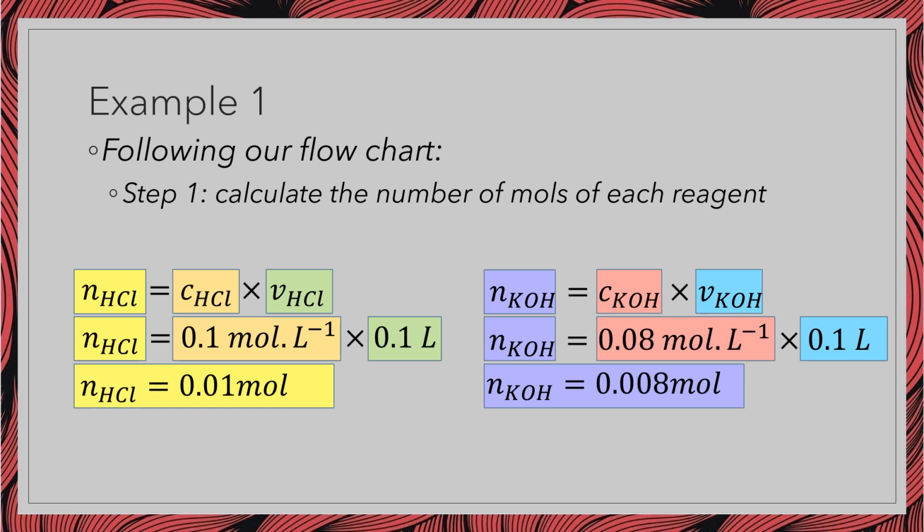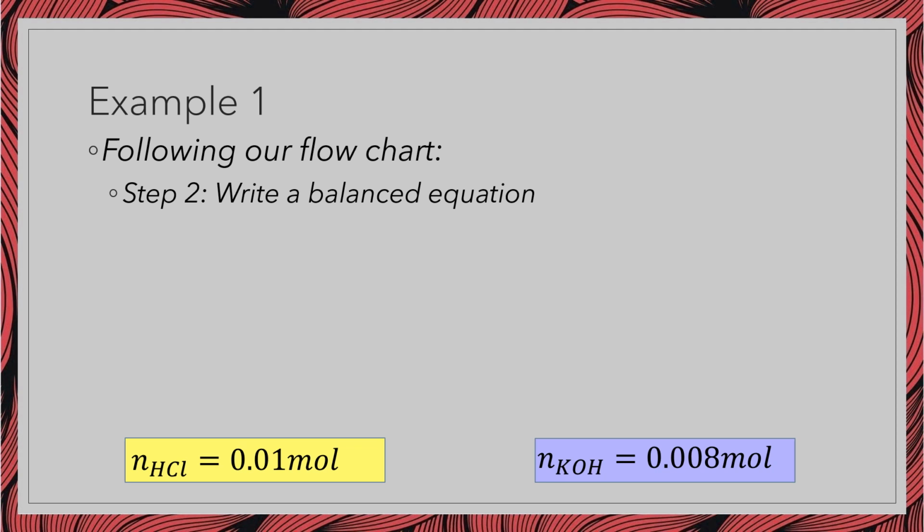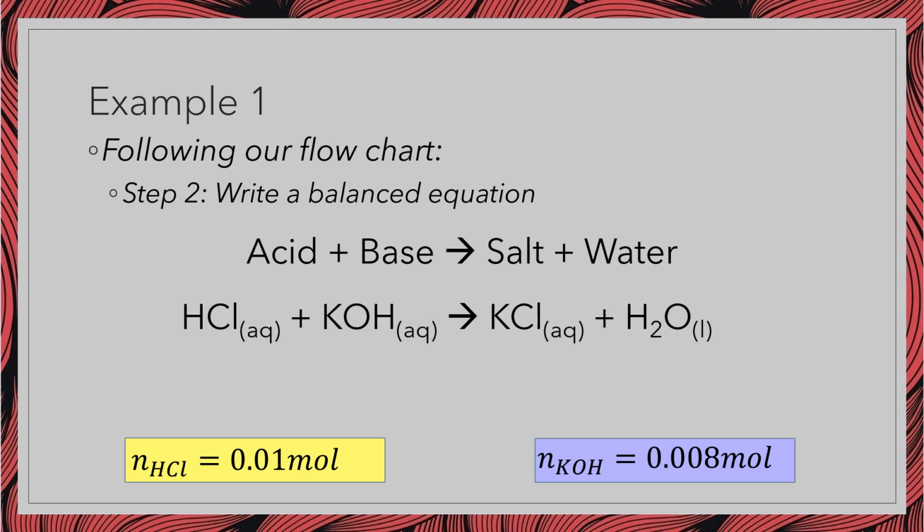To do that, we need to do our limiting reagent style question by first writing a balanced equation. We know we have HCl and potassium hydroxide, so we follow acid plus base gives us salt plus water, one of our general reactions. So HCl plus KOH gives us KCl and water.